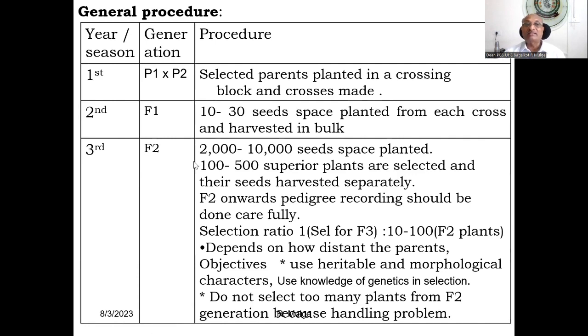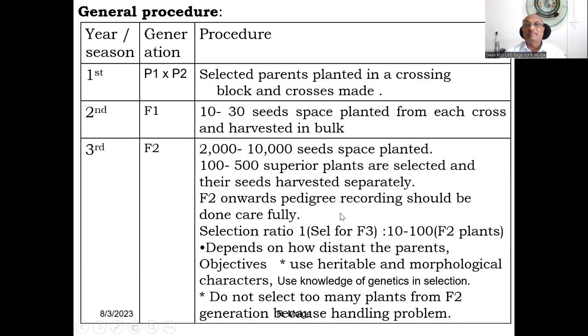If you plant 2,000 to 10,000 seeds, you can select 100 to 500 superior plants out of this, and their seeds are harvested separately. Whatever single plant you are selecting, the seeds of that plant you have to collect separately, right?